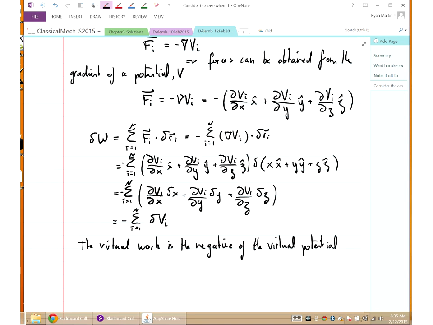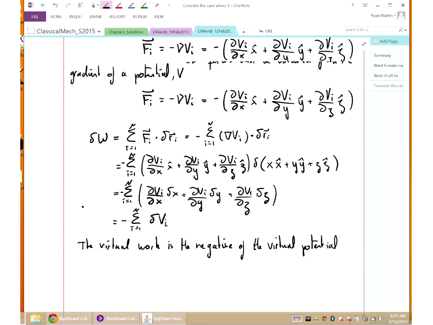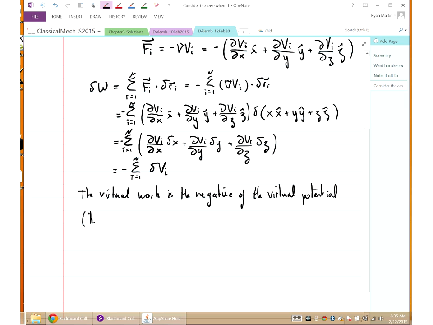So if you go back to your vectorial mechanics, that's like saying the work is the change in potential energy. It's really just the same equation with lowercase deltas instead of capital deltas. So it's like the work done is the change in potential energy.